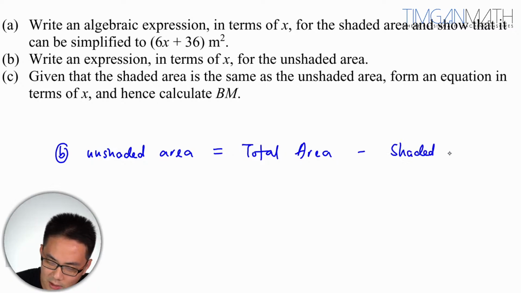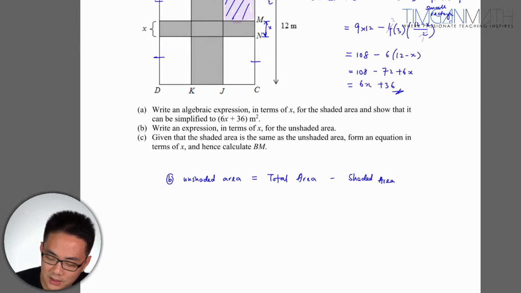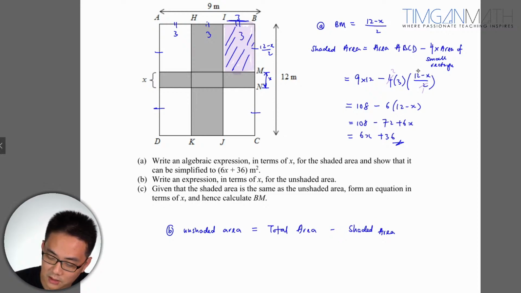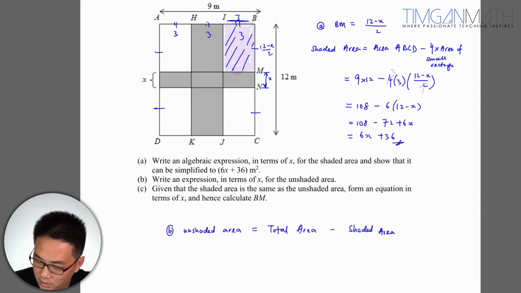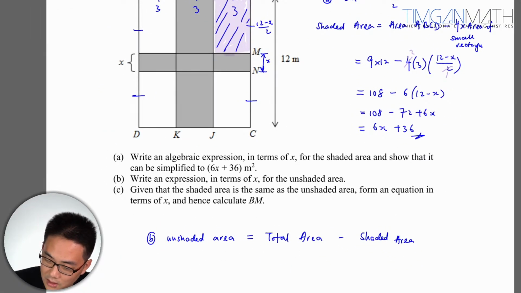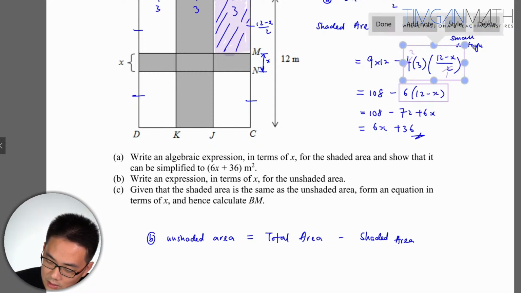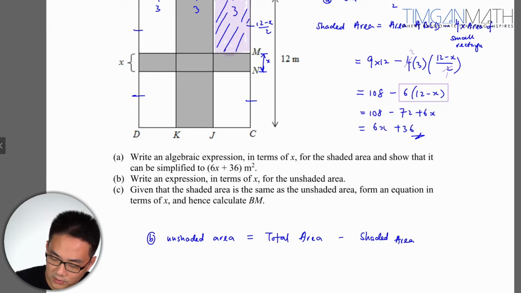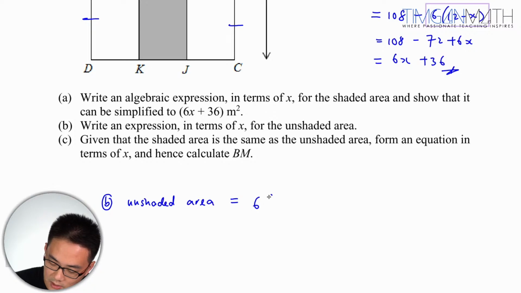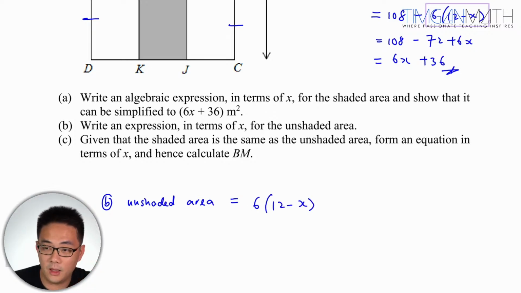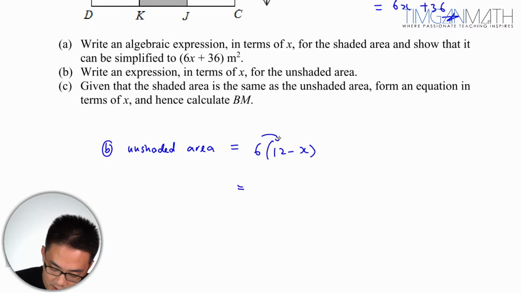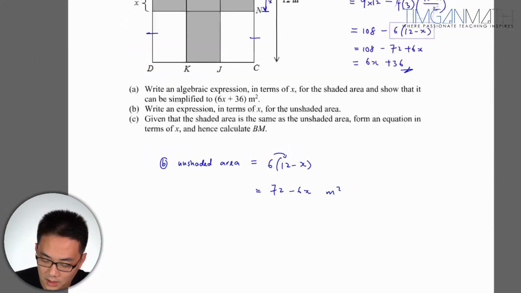Or actually it could just be this, since the one behind is the same. You don't need to keep rewriting. This is the unshaded area, the one behind here. So I think this will be faster. So the unshaded area is just 6 times 12 minus x. Multiplying in, this will be 72 minus 6x meters square. Yeah, that's the unshaded area.